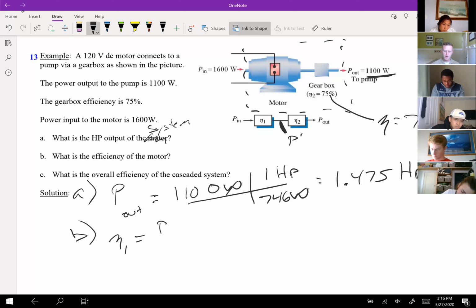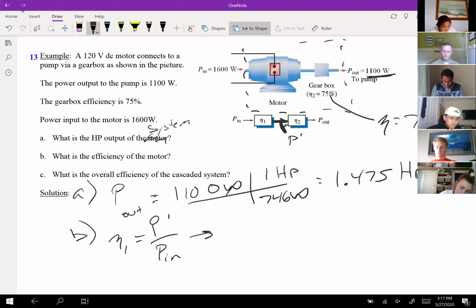It didn't like my drawing there, it turned into a triangle. So that's what's coming out right here in between. P prime is that in-between the motor and the gearbox.